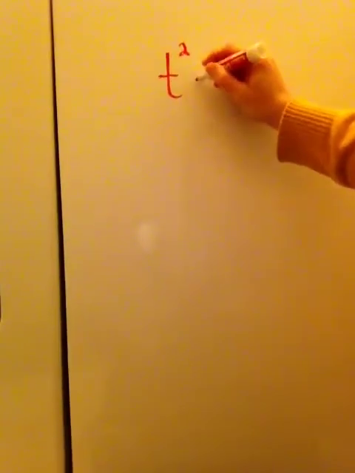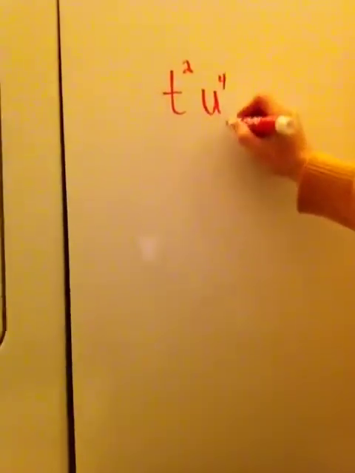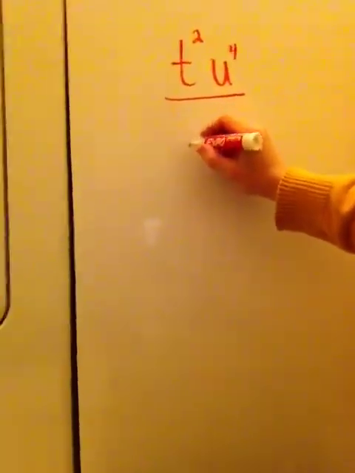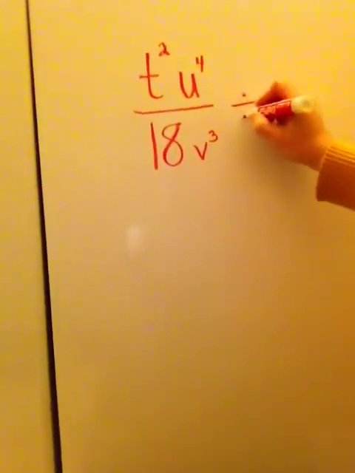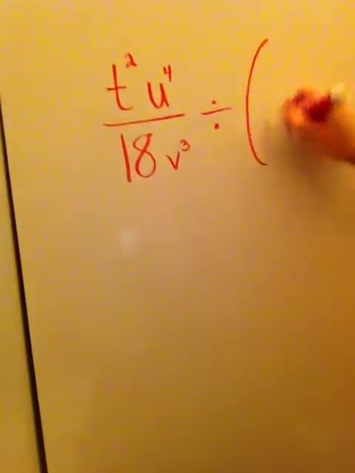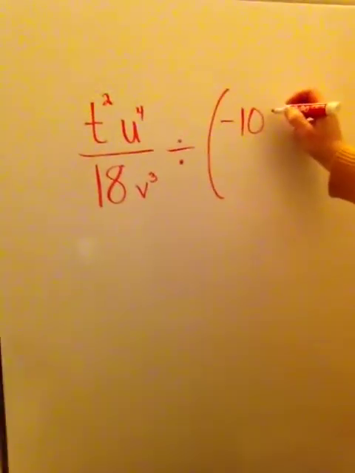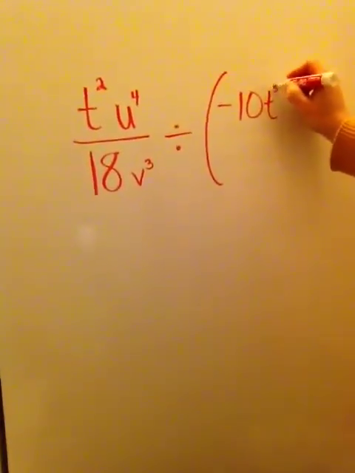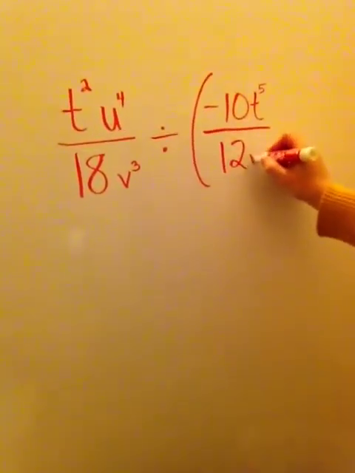Okay, how about t squared times u to the fourth over 18v to the third, divided by a negative 10 t to the fifth over 12v.